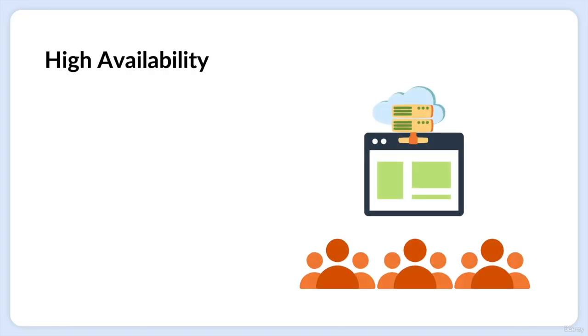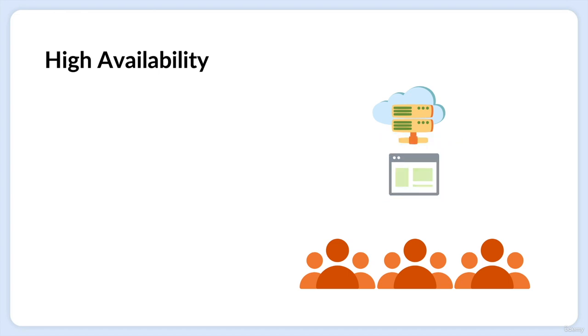The next concept is high availability. Again, going back to our example application, you are running an application on one virtual machine. Now your security team needs to update security patches to the operating system, which will take an hour or so. So during this time, your application will be down. That's not a good user experience, right? Your users won't be able to use your application for around an hour.